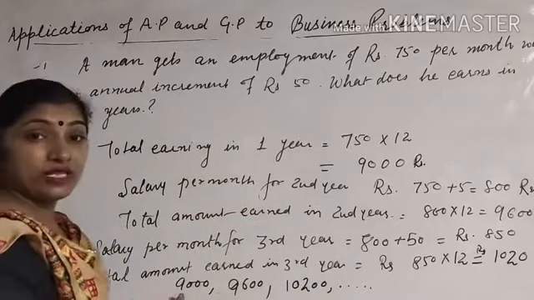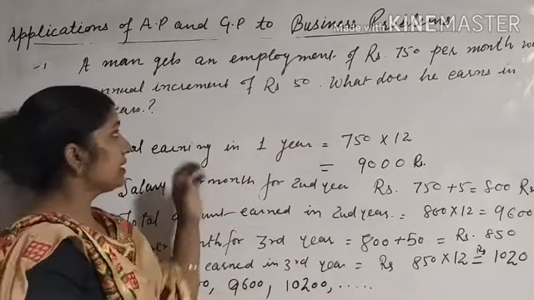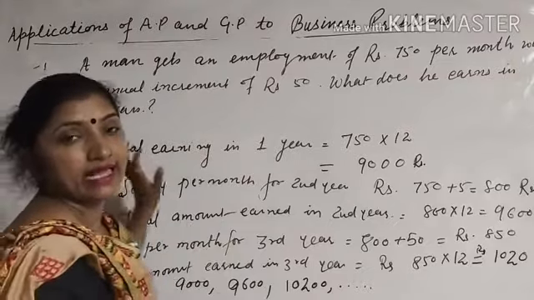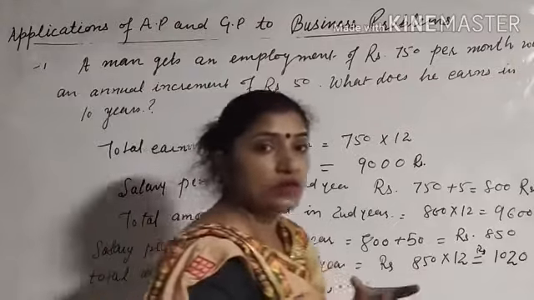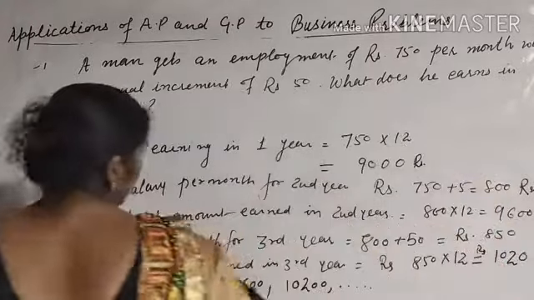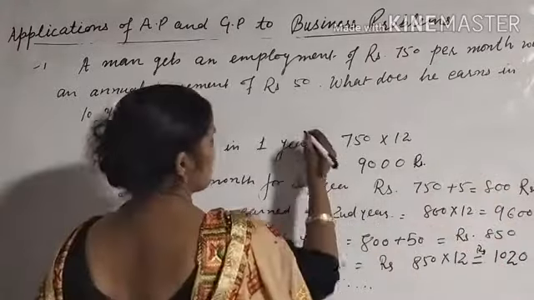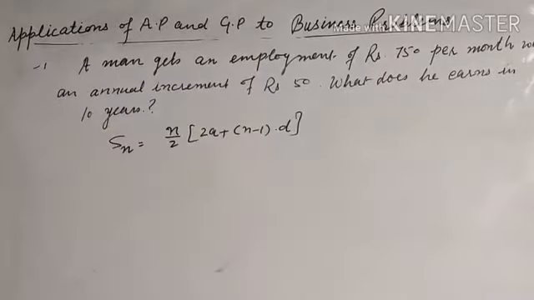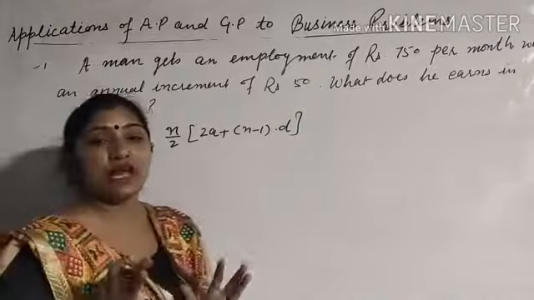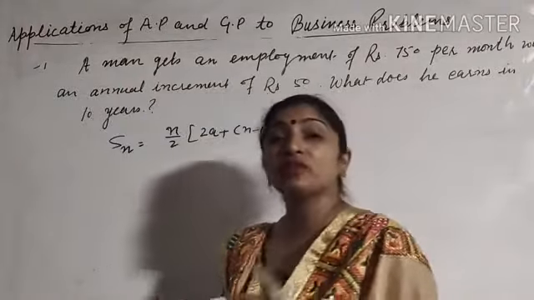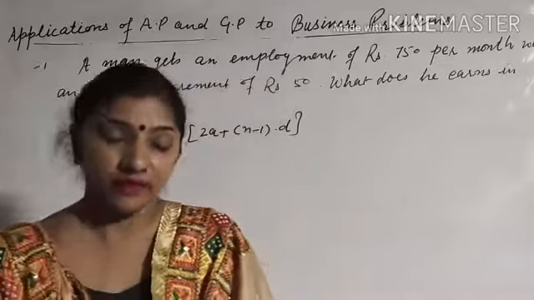So how much amount will he get in rupees in 10 years? That will be the sum of the amounts earned each year. So you have to calculate the sum after 10 terms, that means S10.